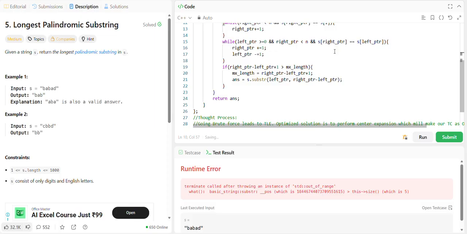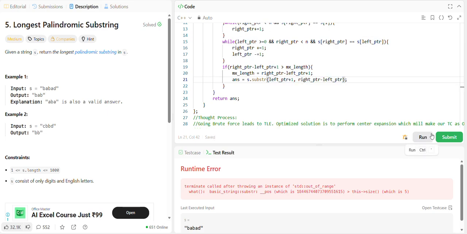Okay, what is happening here is we are at a BAB position, and left ptr is going to the -1th index. That is what is causing the issue. We will have to make it left ptr plus 1 index.